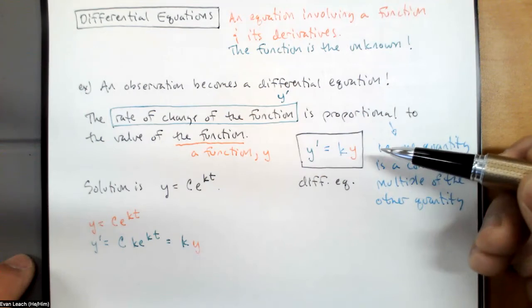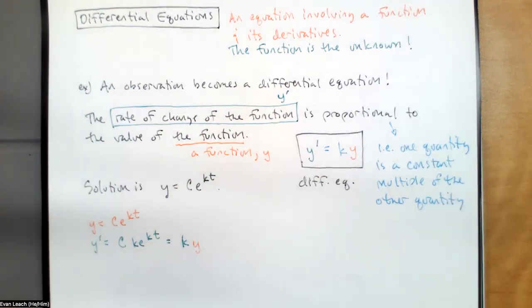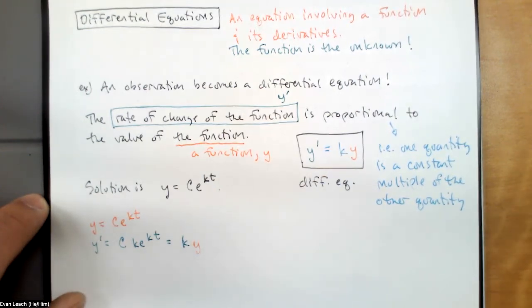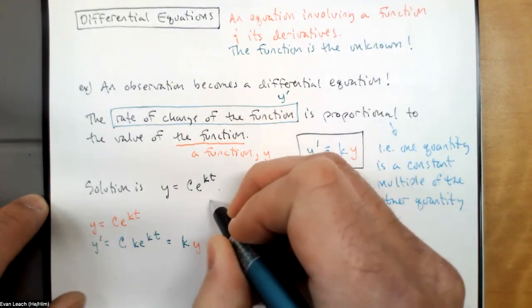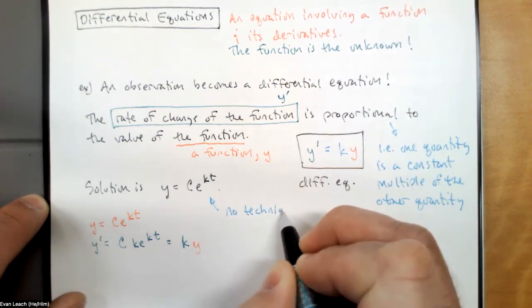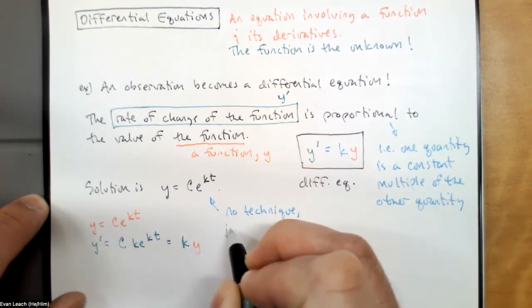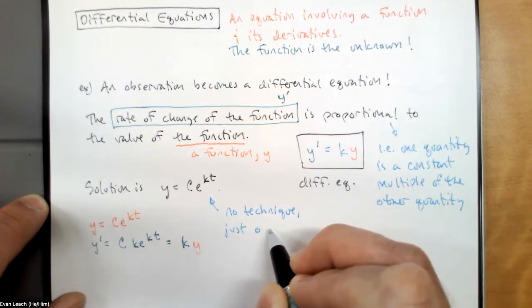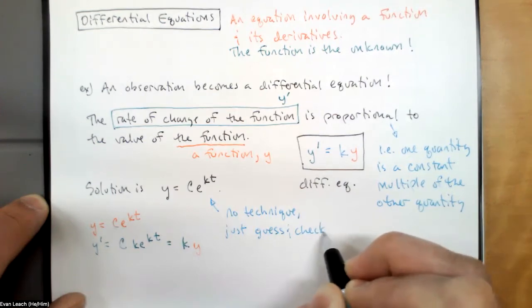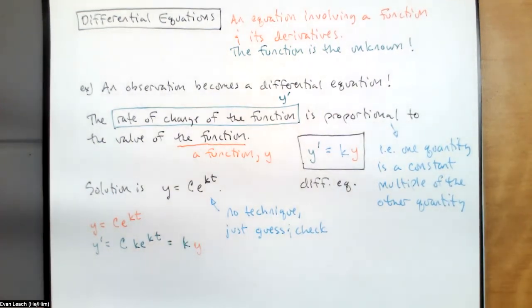This particular equation is what we would call a separable equation. Note that I didn't use some kind of technique to find this solution. It was just a guess, and then we can check.